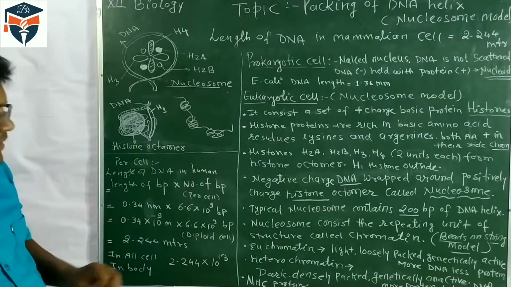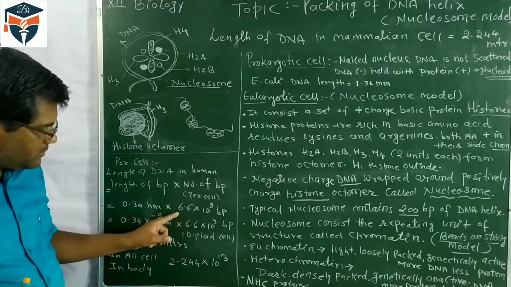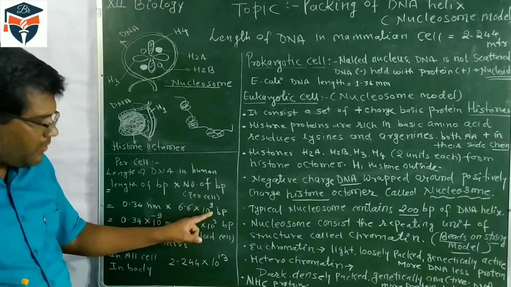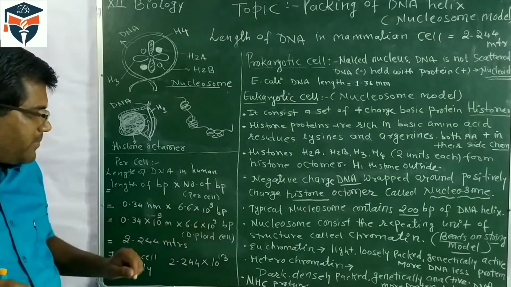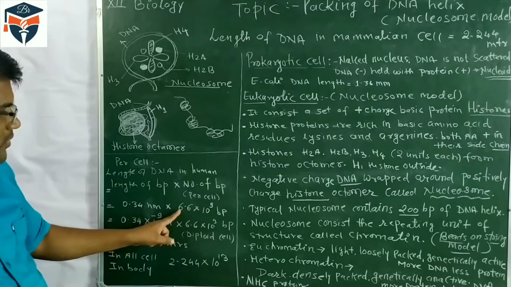So each diploid cell in human has 6.6 into 10 to the power 9 base pairs, and haploid it is 3.3 into 10 to the power 9 base pairs.